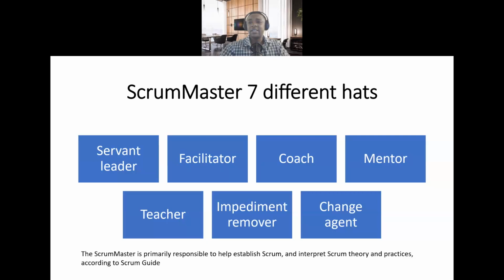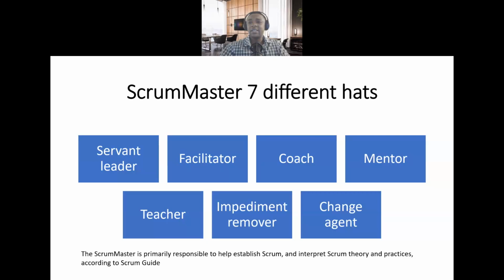Okay, a teacher. The Scrum Guide makes it more clear, saying that the Scrum Master is someone who helps to establish Scrum. It is only a teacher that can help to establish something. Scrum Master simply means master of Scrum. And if somebody is a master in an art, the person is invariably a teacher in that art.